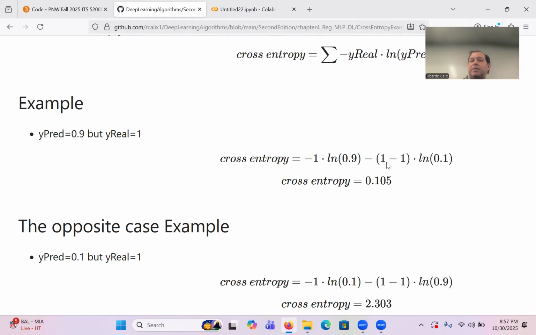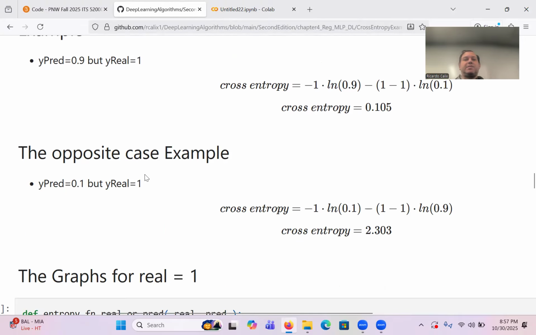And this is logarithm, again, 1 minus 0.9, 0.1. Do you see? So the other outcome. So it's either 0.9 or 0.1. So when you calculate this cross entropy, the value is 0.10. Do you see that? That's a desirable outcome. You want that, you're minimizing cross entropy. And when you minimize cross entropy, the predicted is getting close to the real.